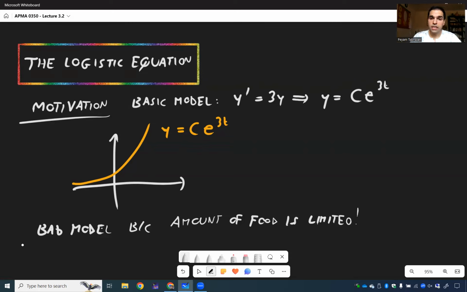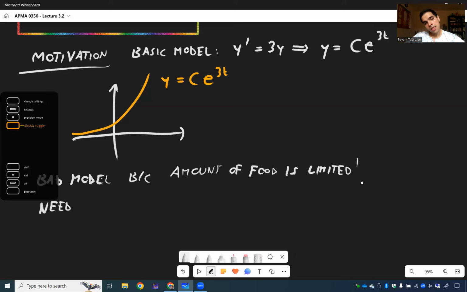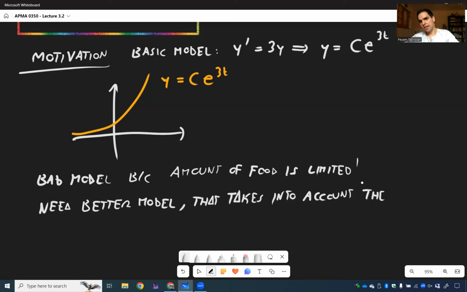And what we need is a better model for bacteria growth, one that takes into account the limited resources.